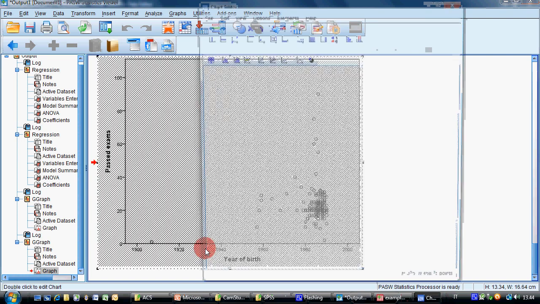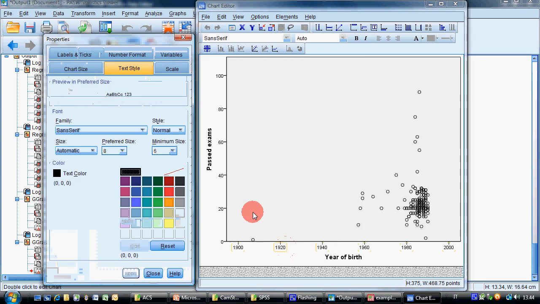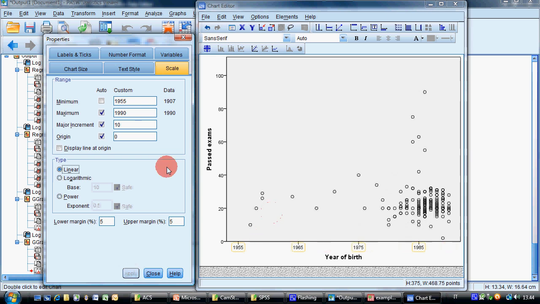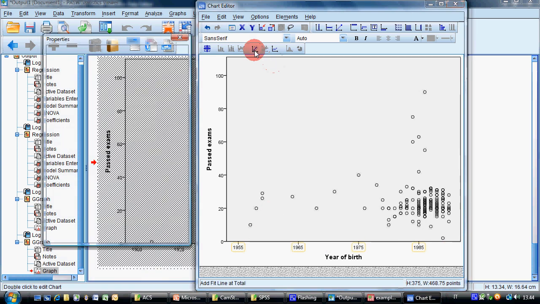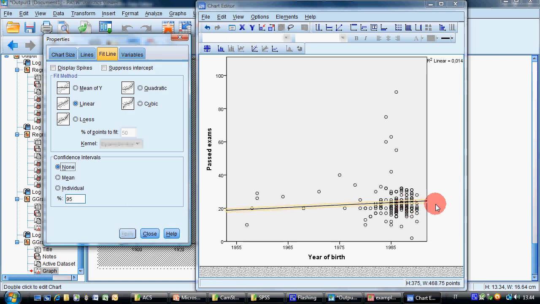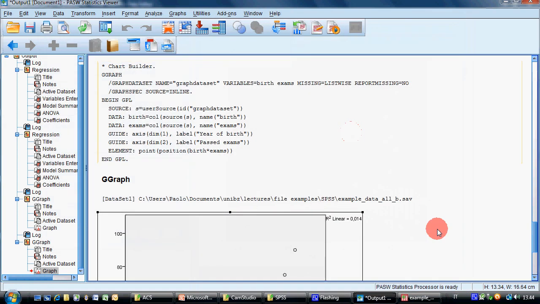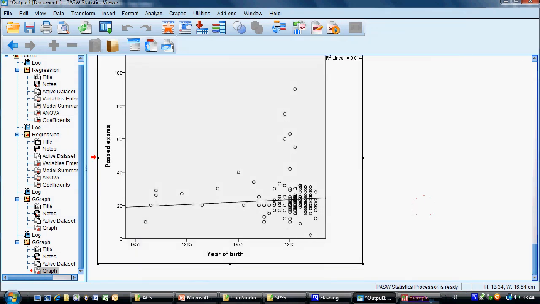Let's restrict, however, the scale just to have a better look at them. 55, apply, close, add a fit line. You can see the line is almost horizontal. There is a slight slope. It doesn't also make sense because older people should have passed more exams. But okay, this is the scatter plot.